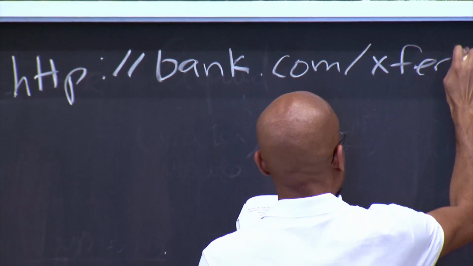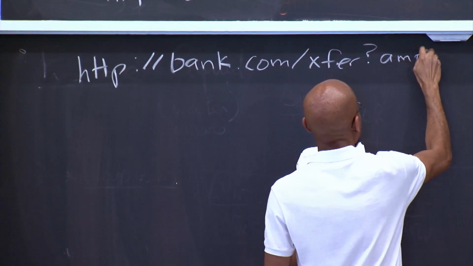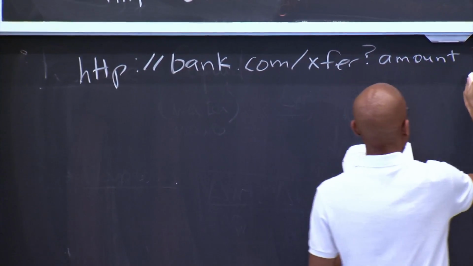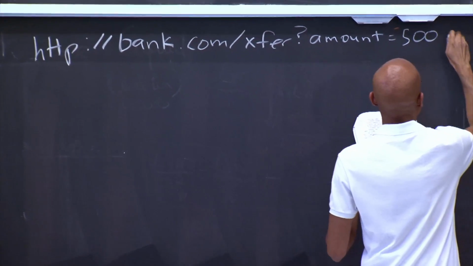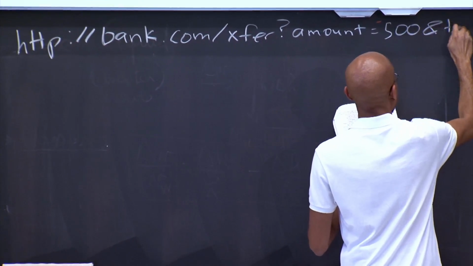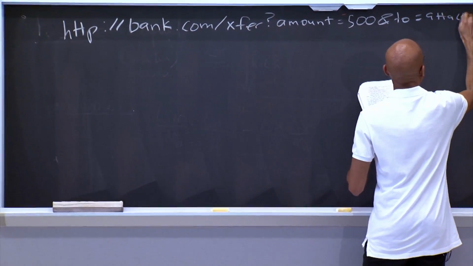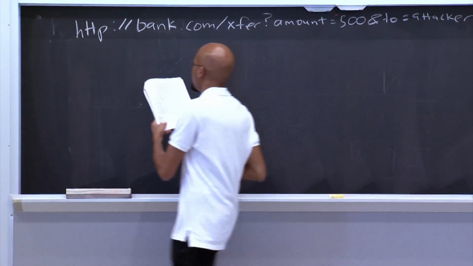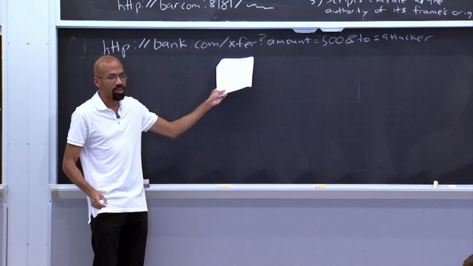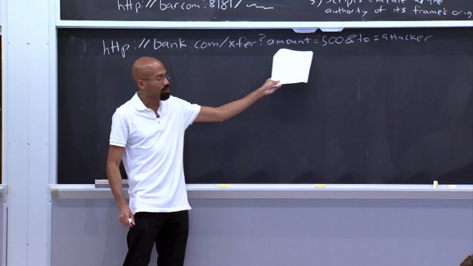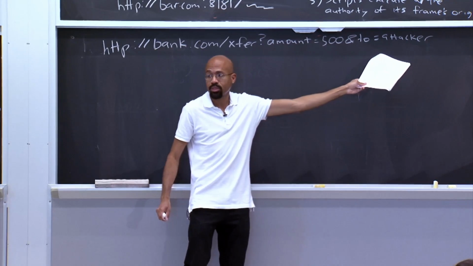And then it tries to mimic what the browser would do if there was going to be a transfer of money between the user and someone else. So in this frame that the attacker's trying to create, it tries to invoke this transfer command here. It's saying 500 bucks, and that should go to the attacker's account at the bank.